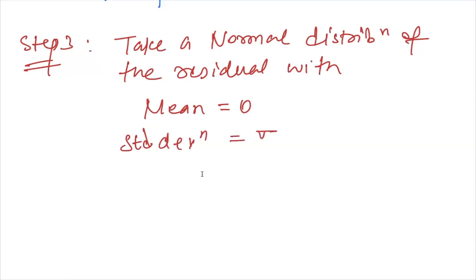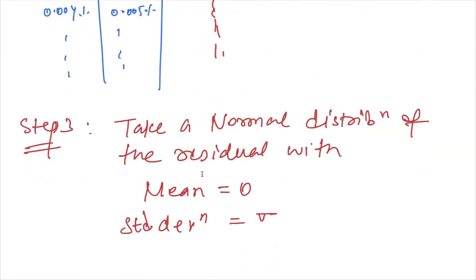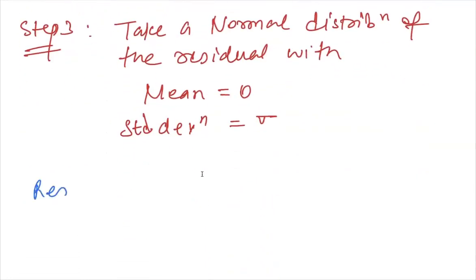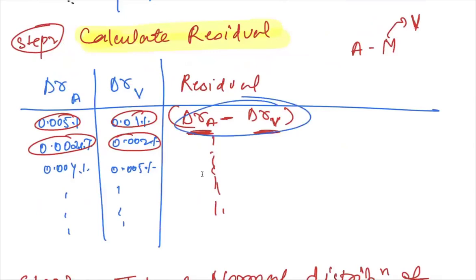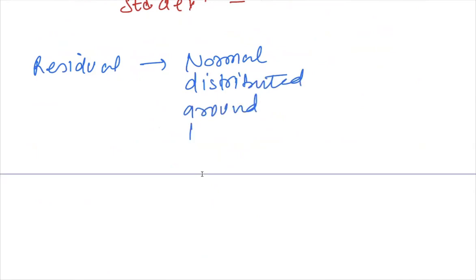What does that mean? If you all remember, what we are saying is that this residual that we have calculated is normally distributed around the mean of 0.